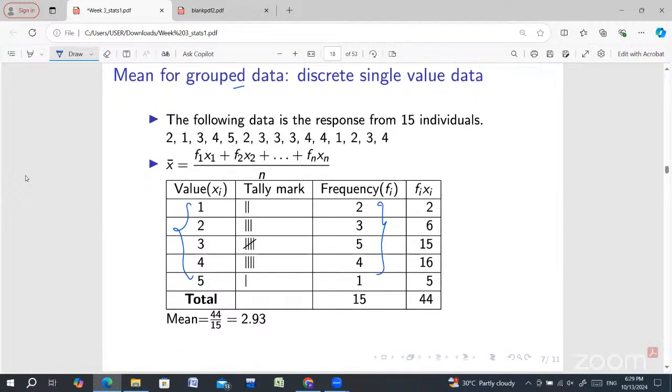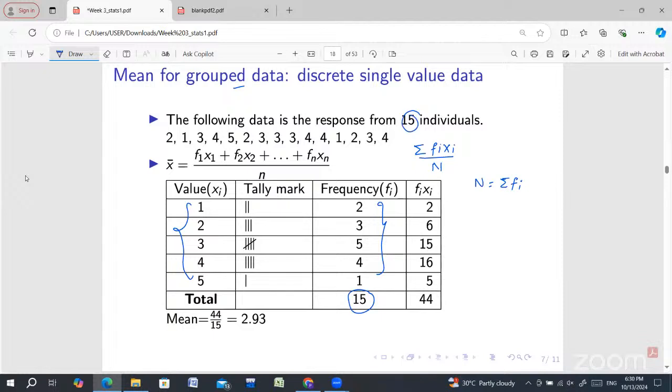Formula is that x bar is summation of fi into xi, divided by the total number of observations. You can find n in this way also, which is equal to summation of fi. So summation of fi directly, indirectly gives you the total number of observations, right? So here you are taking the summation of frequency, which is 15, and 15 observations are given to you.